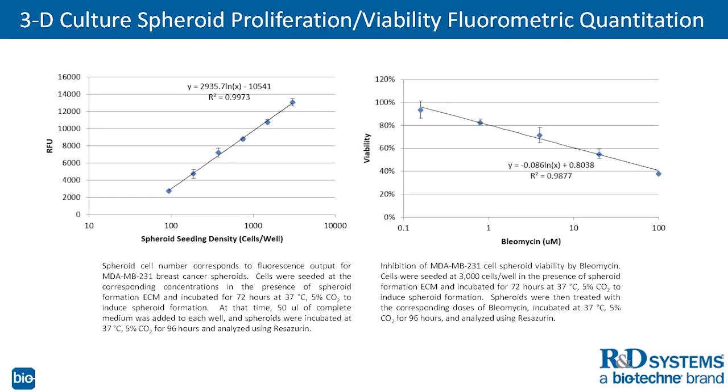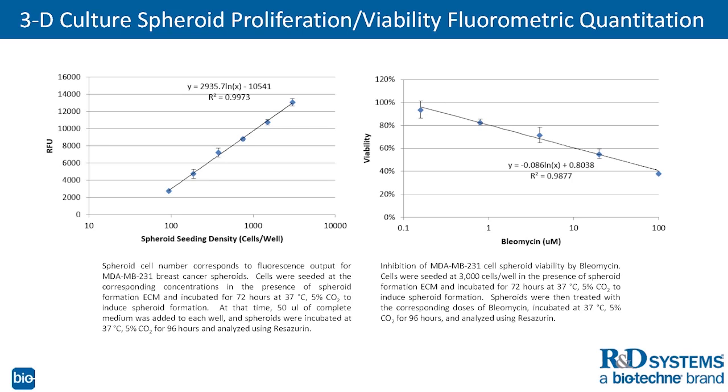Okay, and as we see here, here is our data. On the left is a standard curve based on different cell seeding densities for the spheroids. So we have different cell densities, different spheroid sizes, and actually an increase in our relative fluorescent units associated with an increase in cell number, as we'd expect.